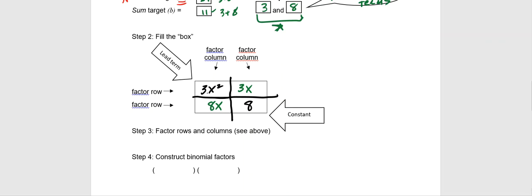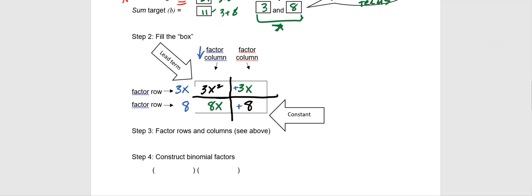If I treat this as 3x squared plus 3x, then the greatest common factor I can pull from that binomial is 3x. If I look at the bottom row as another binomial, 8x plus 8, the greatest monomial factor I can factor there is an 8.